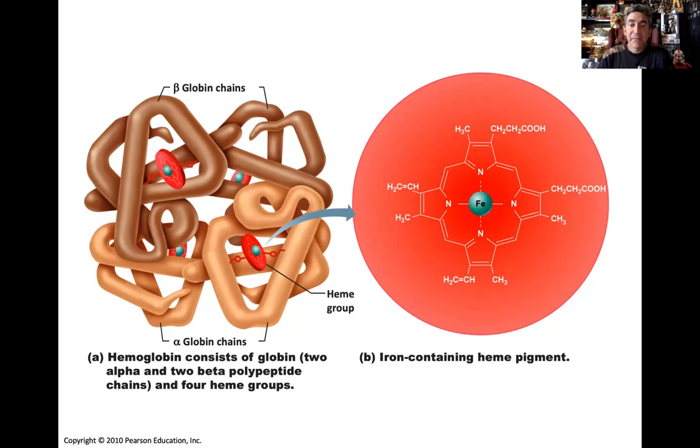That iron is where the chemical reaction happens that allows oxygen to bind. Oxygen directly interacts and binds with that iron. So one hemoglobin has 4 hemes, 4 iron centers, and thereby one hemoglobin can transport 4 oxygen molecules. That's an important little statistic you're going to need.